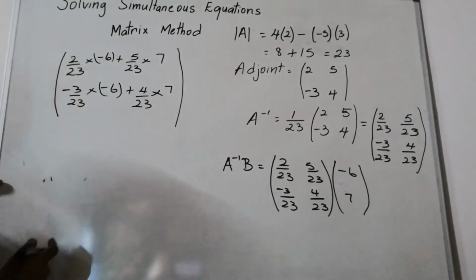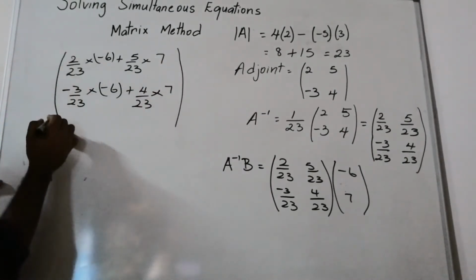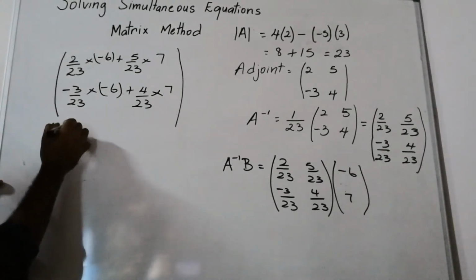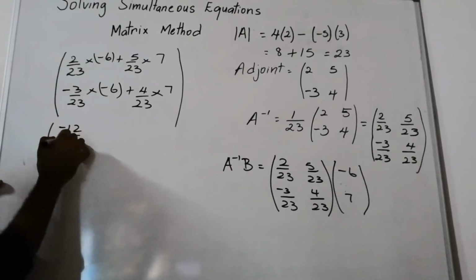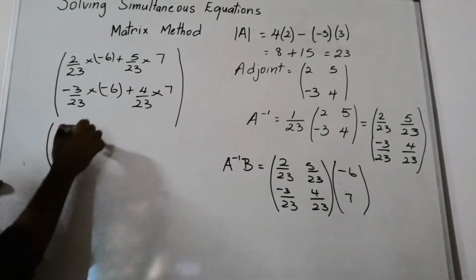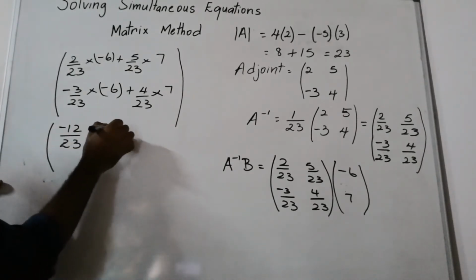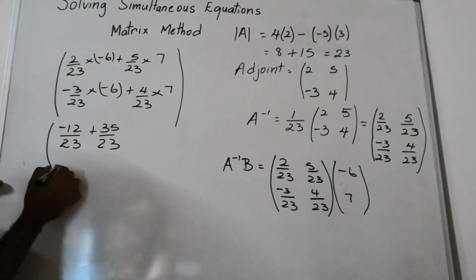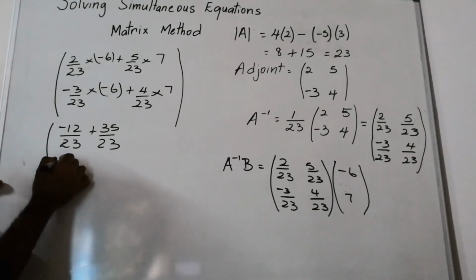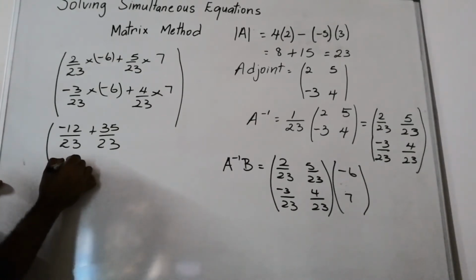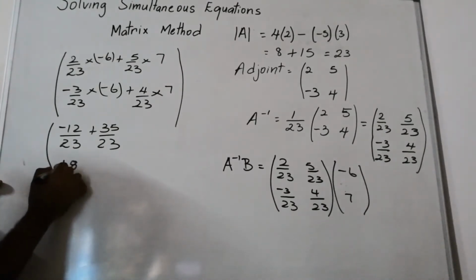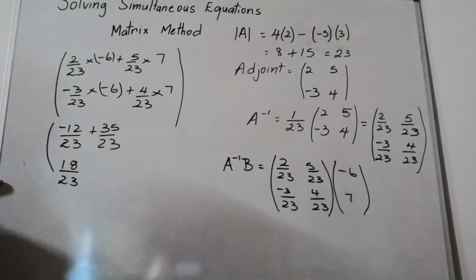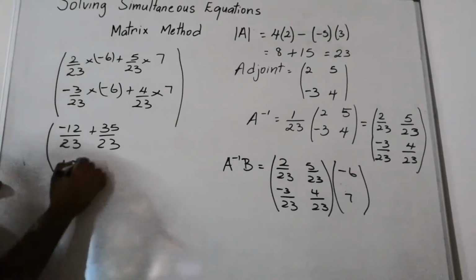So let's multiply. Now we will have minus 12 over 23 plus 35 over 23, and 18 over 23 plus 28 over 23, since negative 3 times negative 6 gives us positive 18.